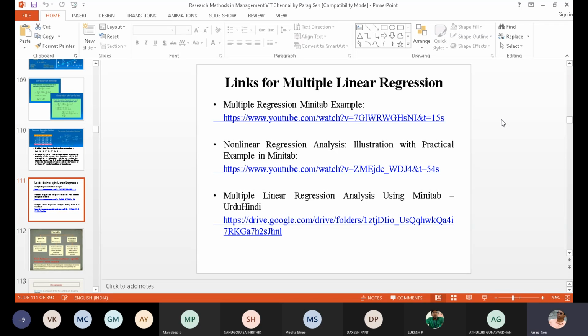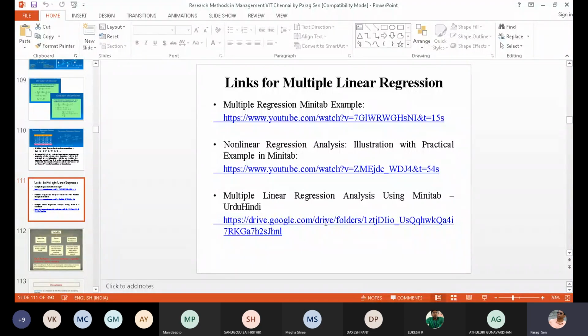So for the details of multiple linear regression and how to conduct it, you can find them using this particular link. The calculation part, how to find the parameters, the coefficients or the intercept, you don't need to know.